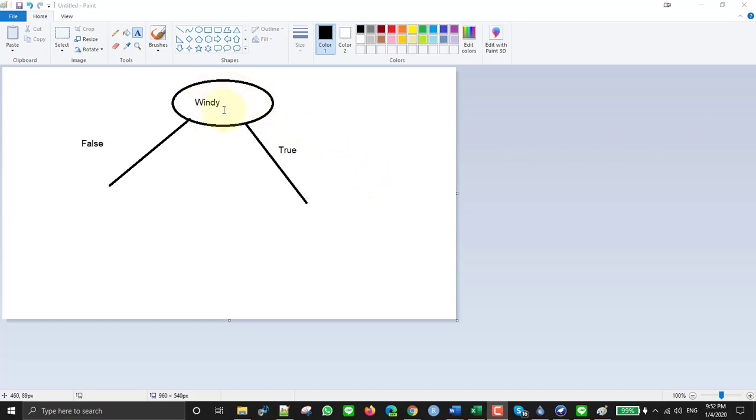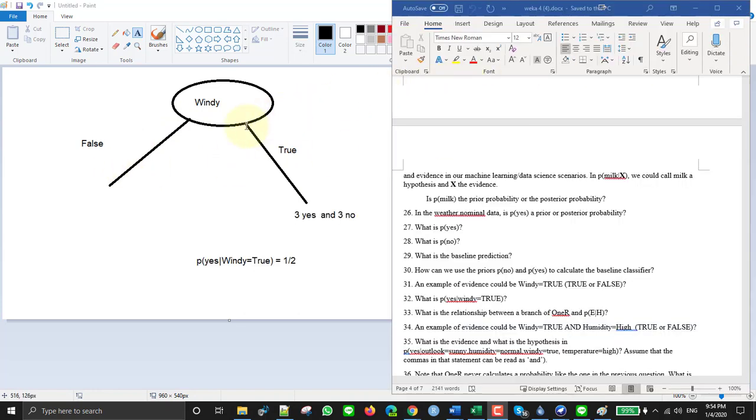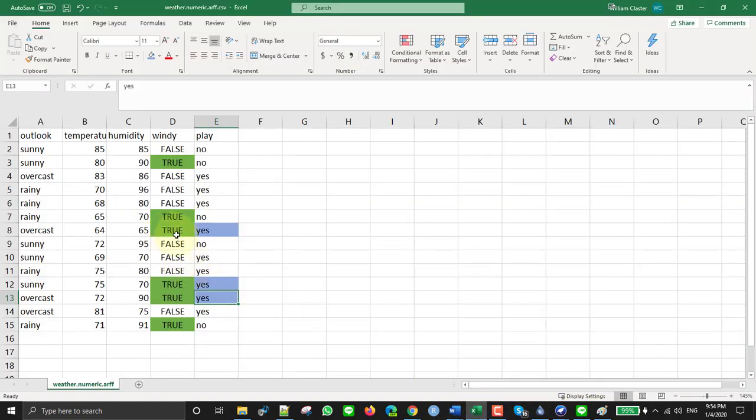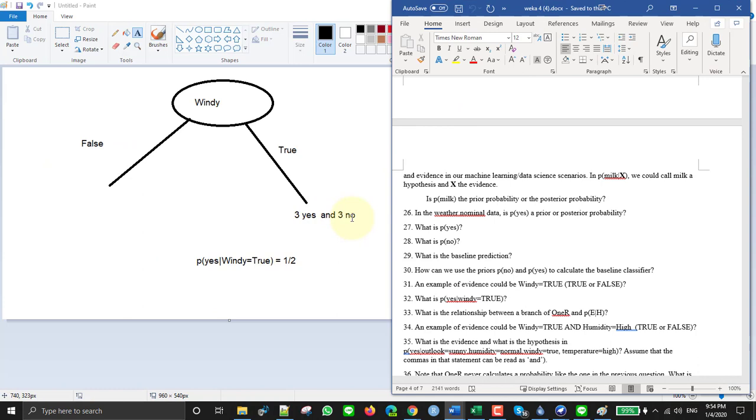And for windy, there are only 2 possible values, so there's only going to be 2 branches. So we can have windy equals true or windy equals false. So when windy was true, we had 3 yeses and therefore also 3 no's. So we had 3 yeses and 3 no's.